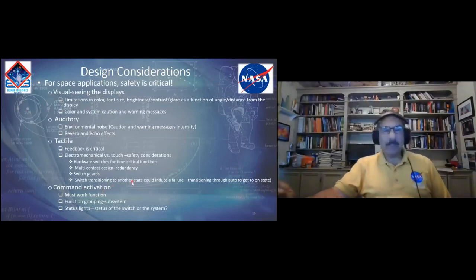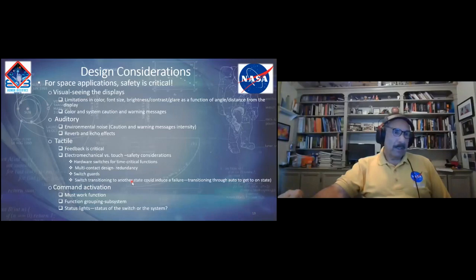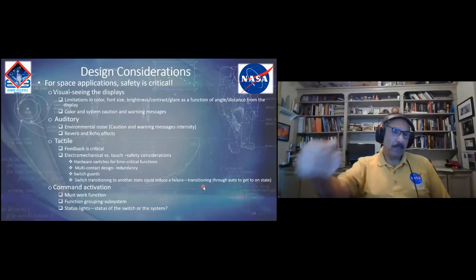Switch guards to protect against inadvertent switch closures and switch transitioning to another state. I can tell you that state transition, for those of you double E's that know state machine design, it's a big issue with hardware interfaces, and things like transitioning from an auto to an on state can cause problems if your software in your state machine doesn't factor into the design, let's say, for example, not being active during a transition of one state to another, but then becomes active once it goes into a new state.